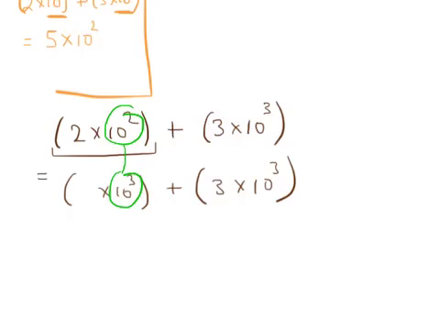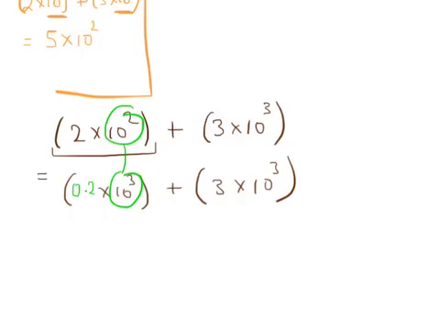I have increased the power by 1. And so to compensate, I must reduce this number by moving the decimal place by 1. And how do I make the number reduced? I move the decimal place to the left. So this would be 0.2 times 10 to the 3.